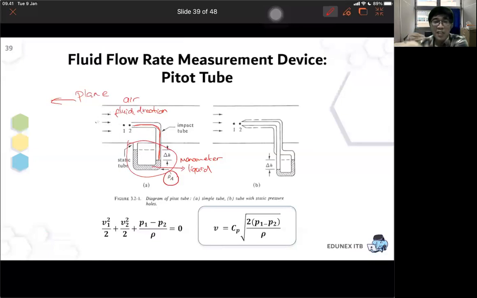Because it's moving in the opposite direction only. Point 2 is the velocity of air exactly inside the mouth of the static tube, or the pitot tube.